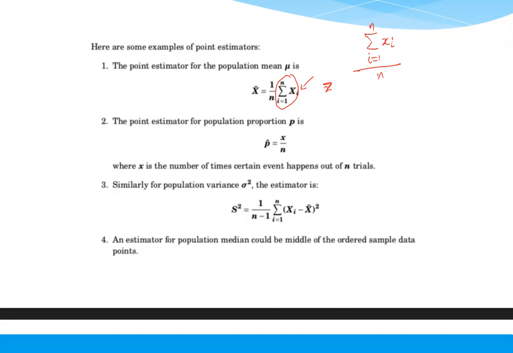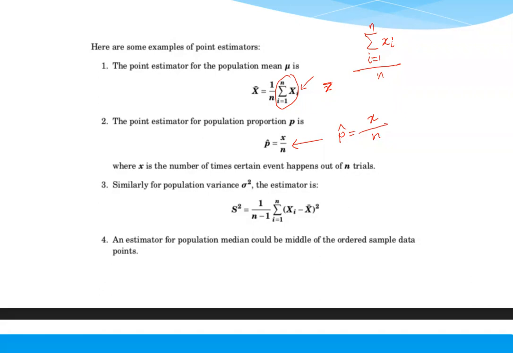Okay, then when you're talking about sample proportion p hat, you divide by the total number of people or total number of items that you surveyed, and out of that, how many of them fell under a certain group. Okay, I think I made it harder than it should be.